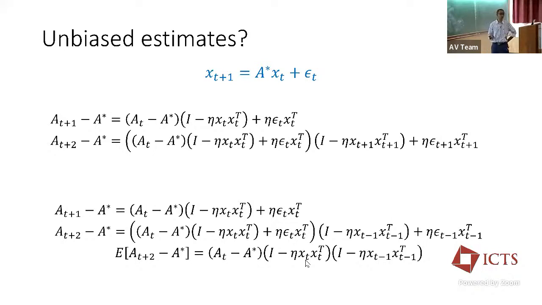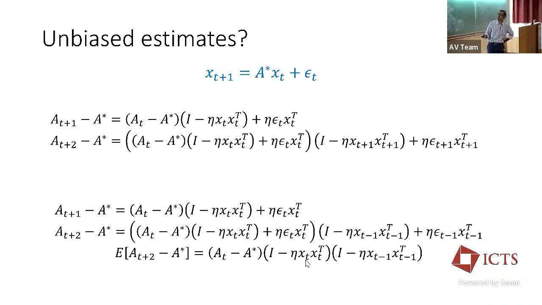But let's see what happens with this reverse experience replay, right? In reverse experience replay, if we are at A t, for A t plus 1 we will be processing x t minus 1. Which means that now the same epsilon t term is hitting only x t minus 1. And because epsilon t is independent of all the points that came before it, when you take expectation, this term goes to 0.